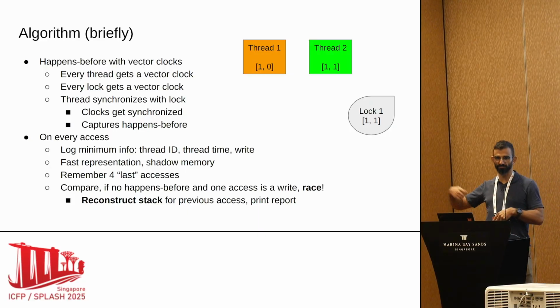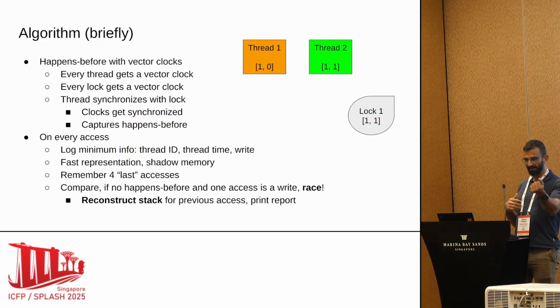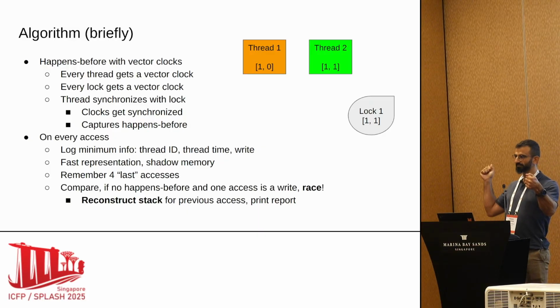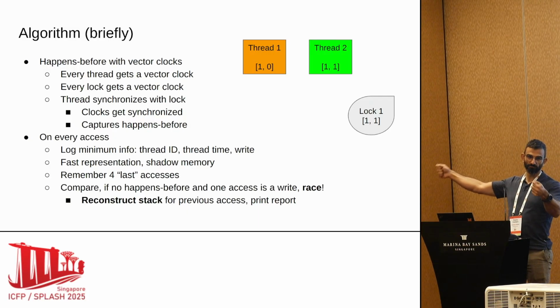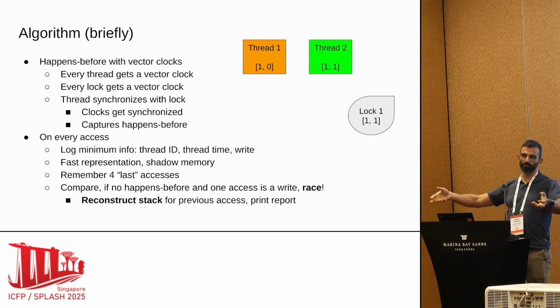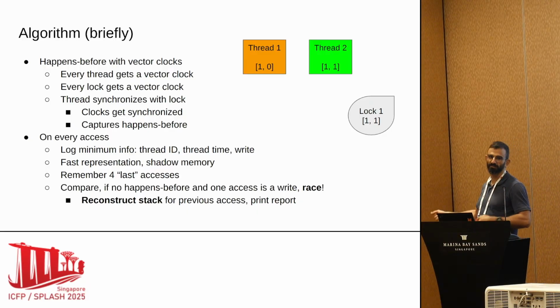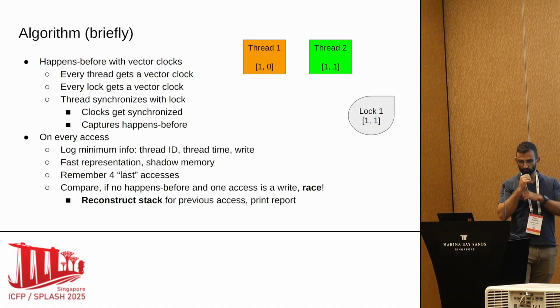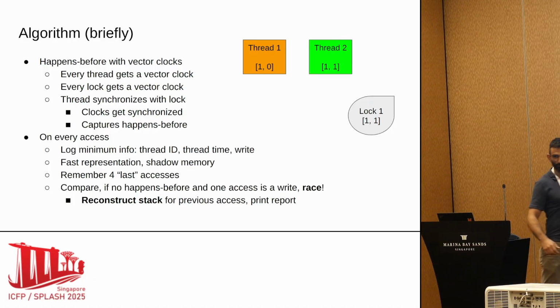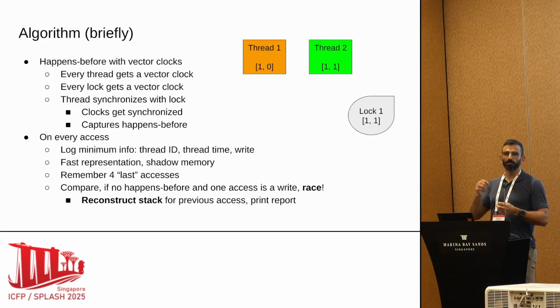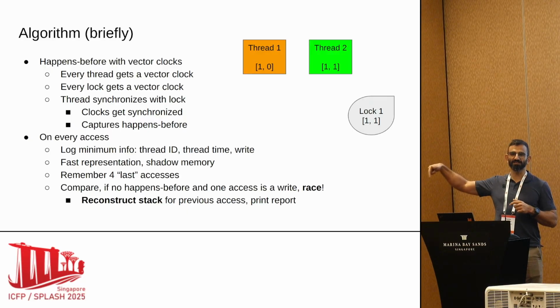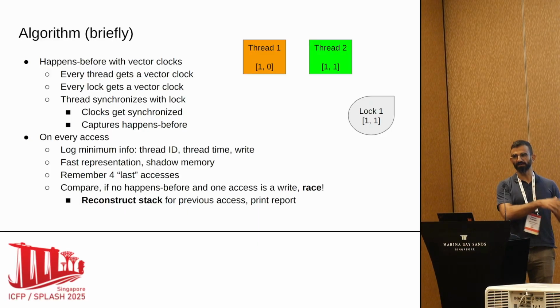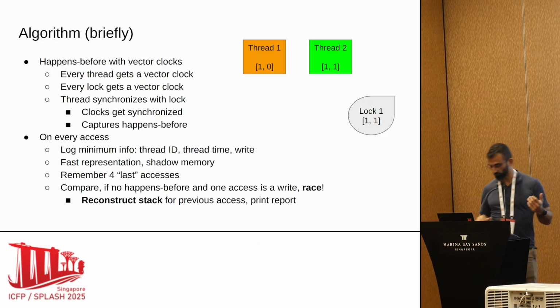So you have to reconstruct the stack so that you can say, this access that just happened now races with that access that happened a while ago, maybe in the next execution that you run the program, and I can reconstruct and show the programmer a stack trace for both so that you can track the code and fight the bug better. So this is another problem that we solve specifically in this work. How can you very, very fast log the information that you need so that you can reconstruct stack traces that are gone by now so that you can produce better warnings?